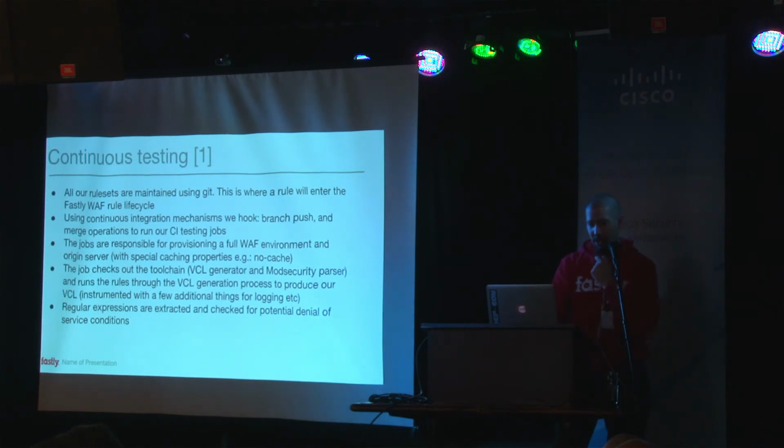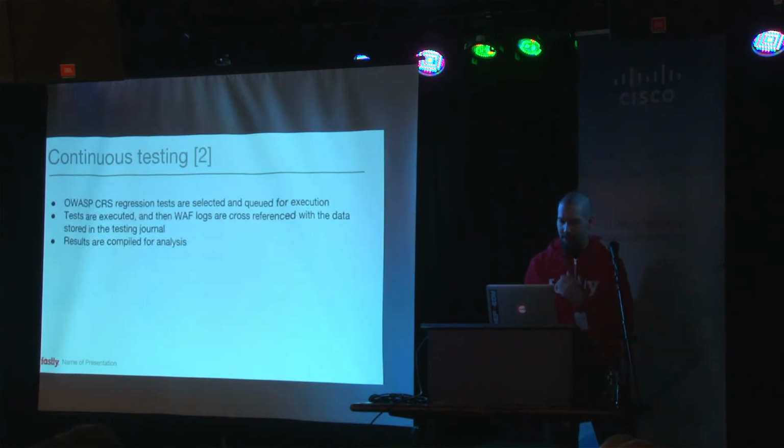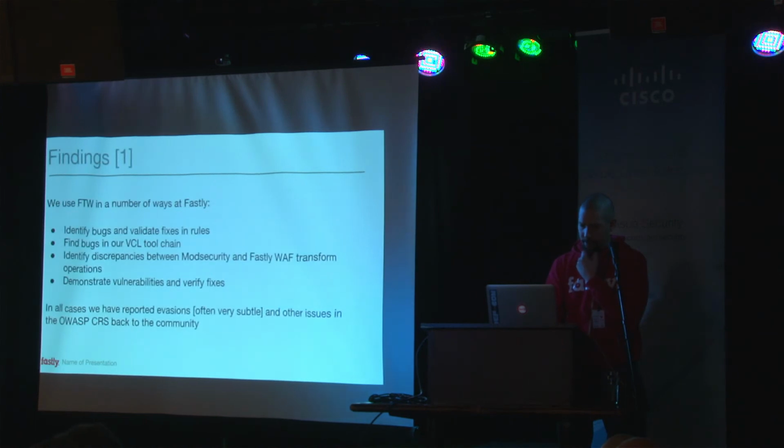The other thing we do is look for denial of service attacks in the regular expressions themselves, because we're very conscious of CPU use, and we don't want poorly written patterns to waste a bunch of CPU cycles. So we use FTW in a number of ways.